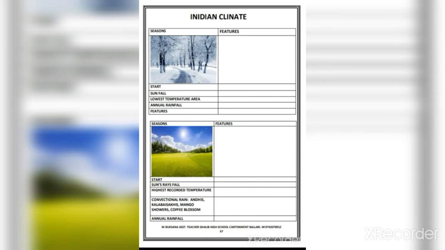Second one, identify the picture and write down the season and when it will start, sun rays fall, highest recorded temperature, convectional rain, Andhi, Kalbaisakhi, mango showers, coffee blossom and annual rainfall.